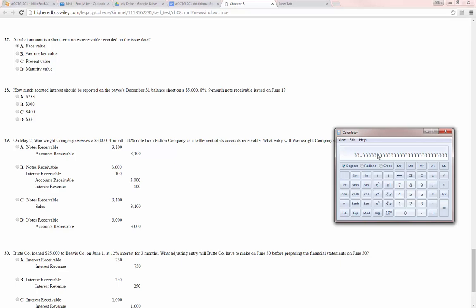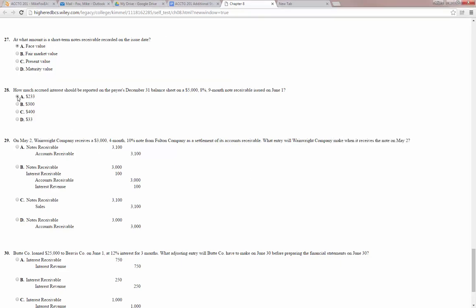And then I can figure out how much interest is accrued by the end of the year. If it was issued on June 1st, that gives me June, July, August, September, October, November, and December, 7 months worth of interest. So if I take this monthly amount and multiply it by 7, that gives me the amount of interest that's accrued by the end of the year, $233.